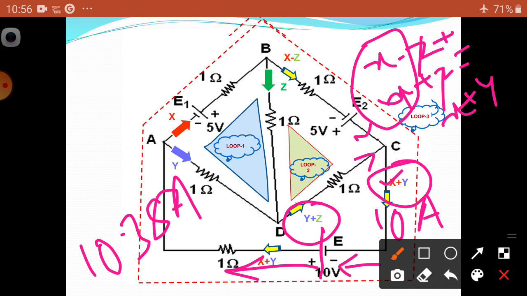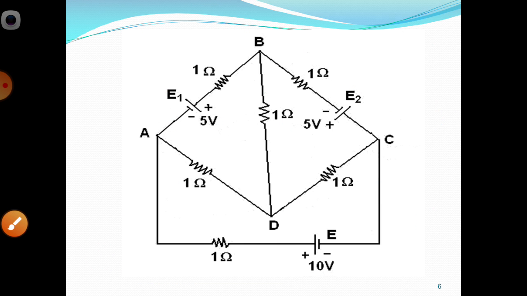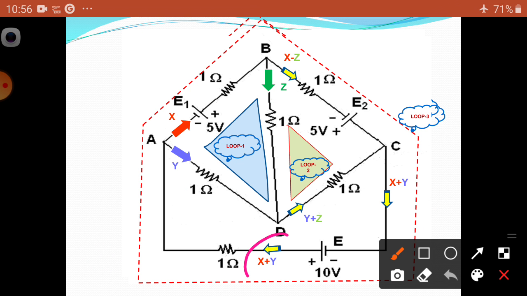Always remember, students, how much current is leaving the positive terminal, that current should enter the negative terminal. Then your calculations are probably sound and correct. Otherwise, you made some mistake in calculations, or your assumption is incorrect, so check it. Here we have seen that whatever current X plus Y is leaving, the same X plus Y current is coming into the 10 volt source. Then our assumptions are somewhat better.